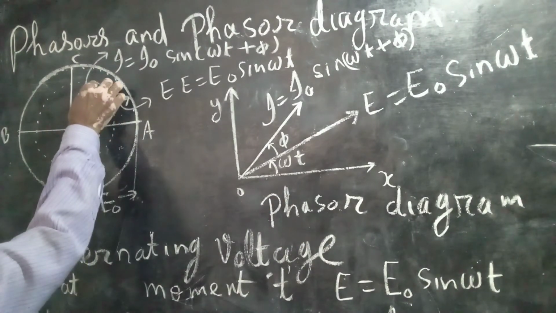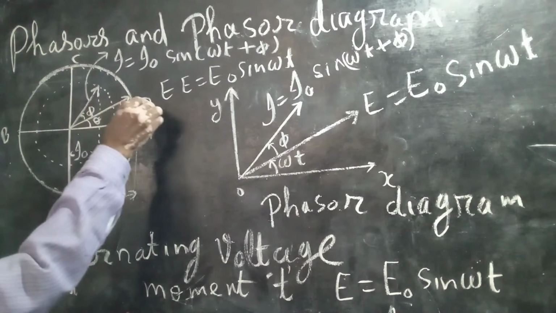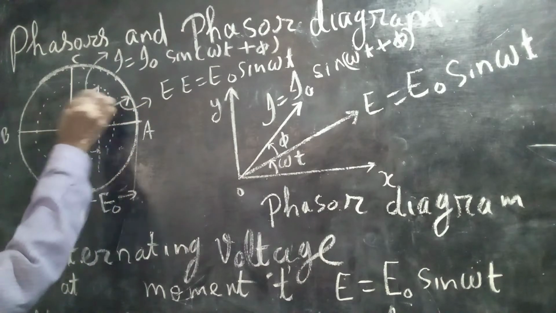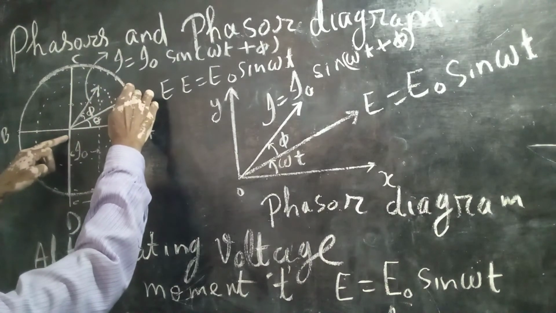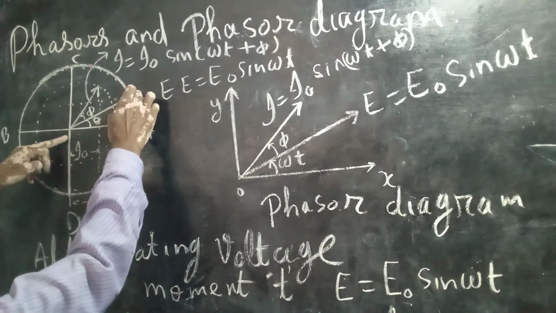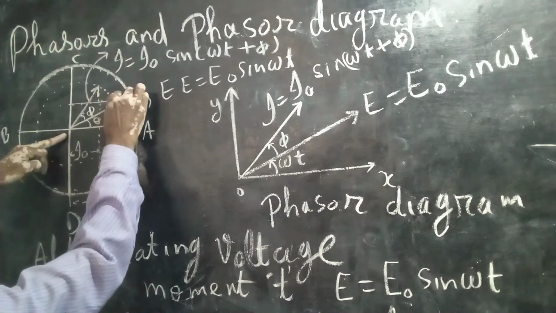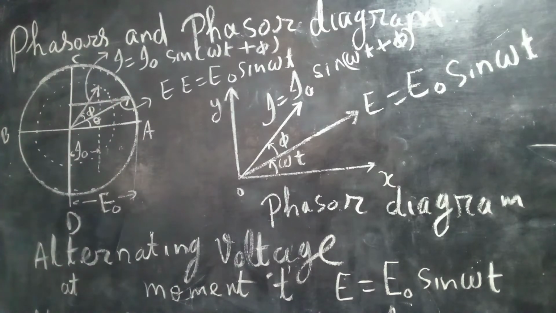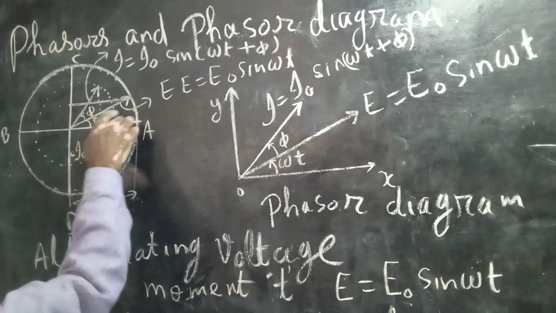After one time period they repeat their magnitude and direction. To find the magnitude, the amplitude of alternating voltage is the maximum displacement, equal to the radius. This is the equation of SHM, so the amplitude of SHM is E0.